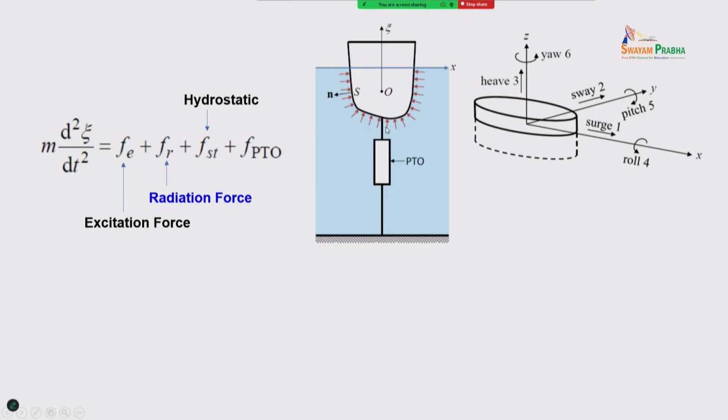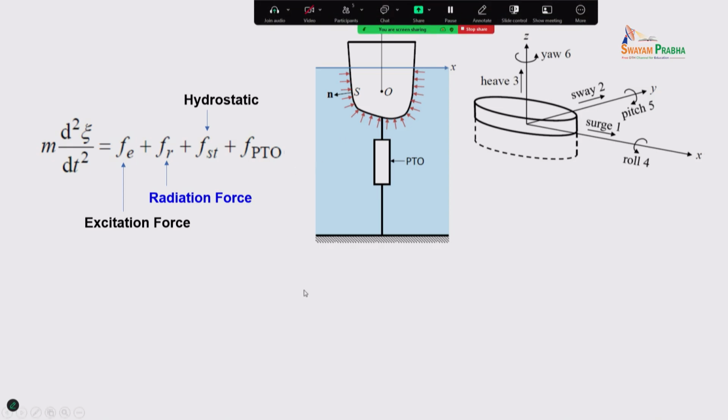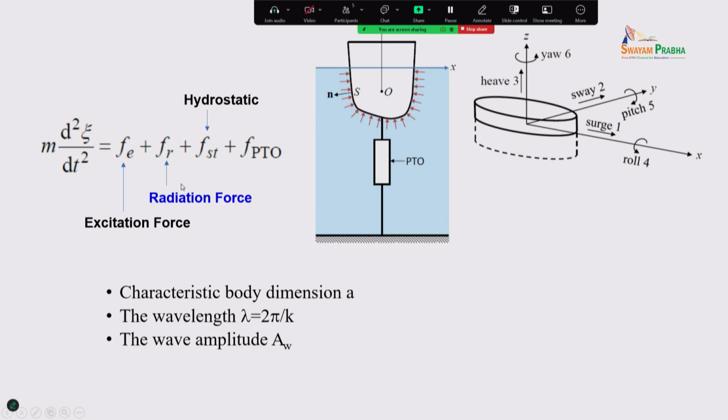Then another is the PTO force. This buoy can drive a generator, and there can be a linear actuator or a ball screw or rack and pinion drive for such motion. So this is the PTO force. Now, let us first take a look at the radiation force.